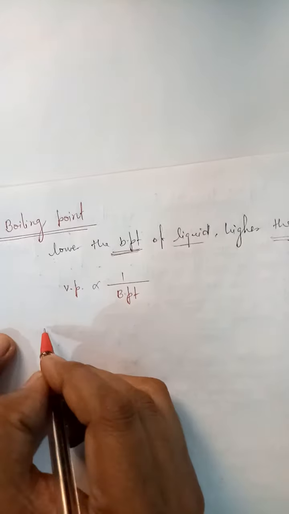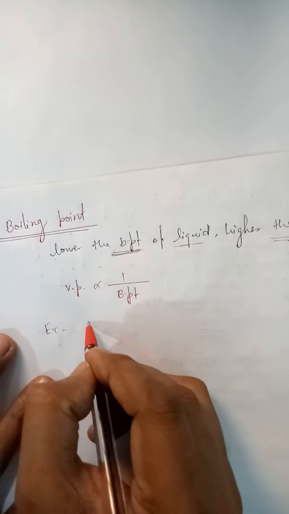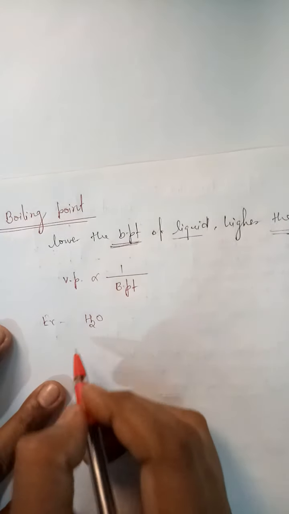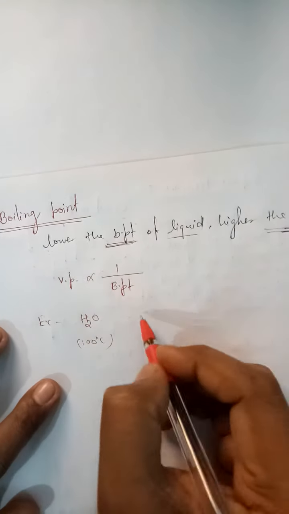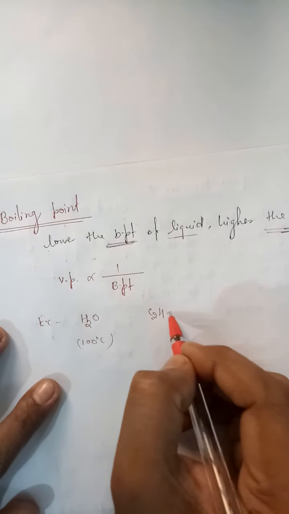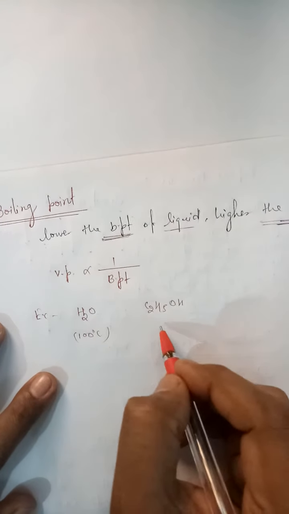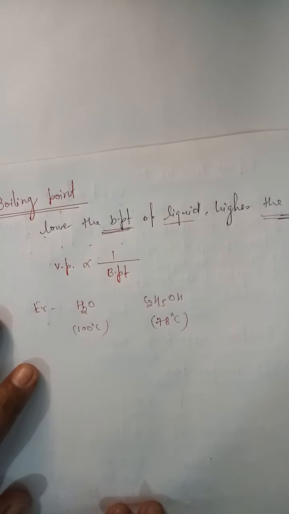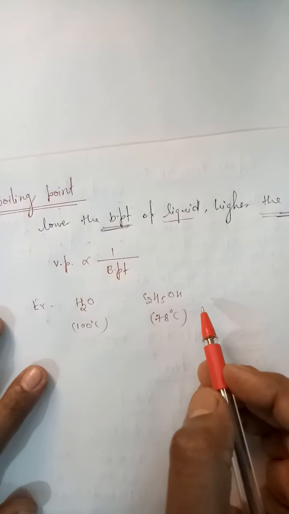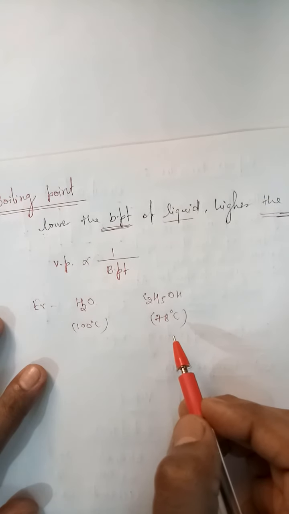So I'm taking an example here. Water, you know very well, has a boiling point of 100 degrees Celsius, and ethanol, C2H5OH, has 78 degrees Celsius. So those liquids which have a low boiling point will evaporate easily.